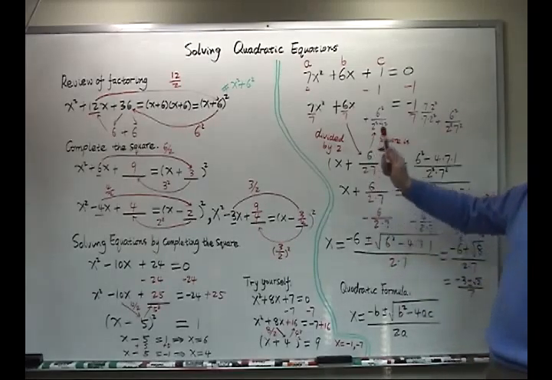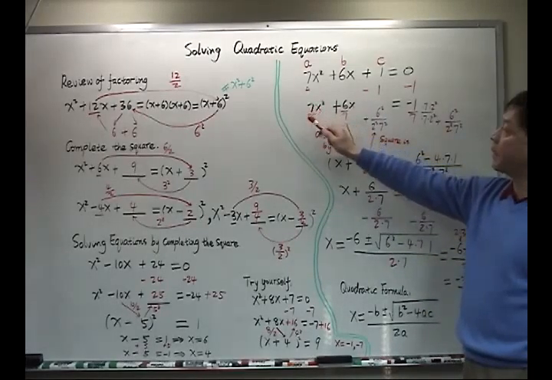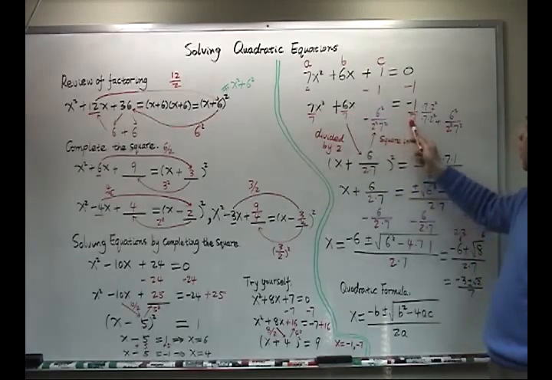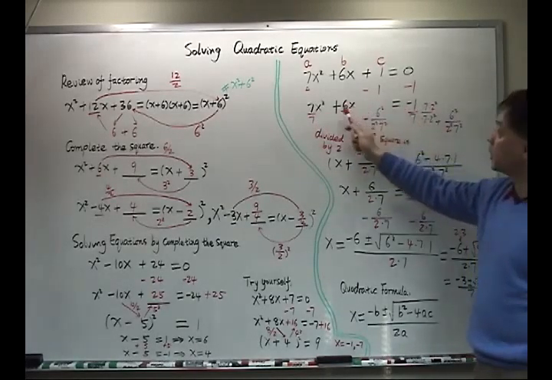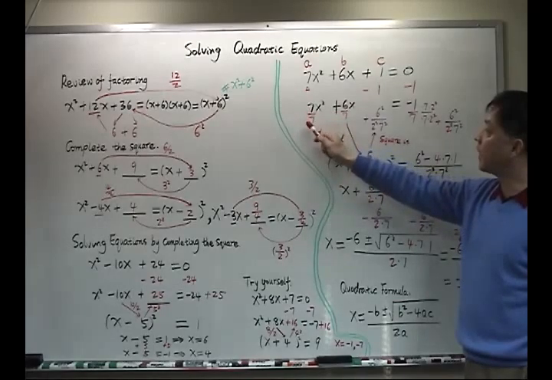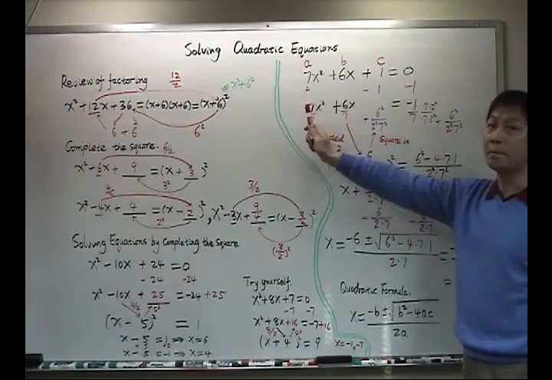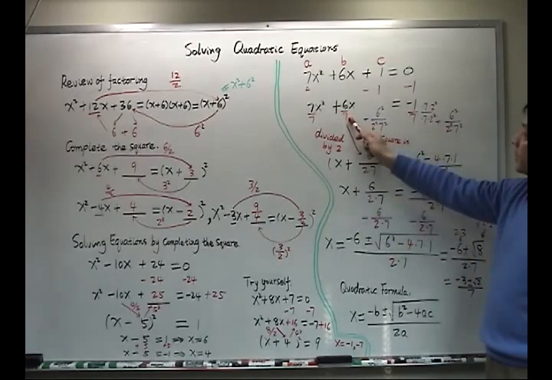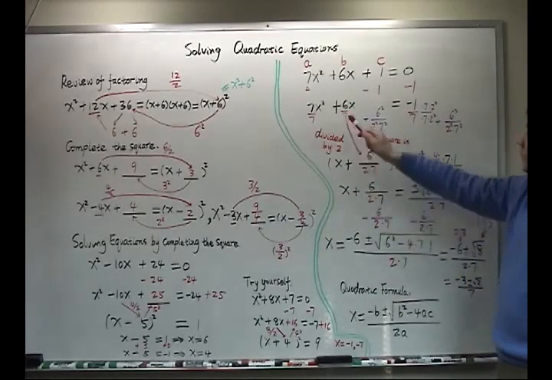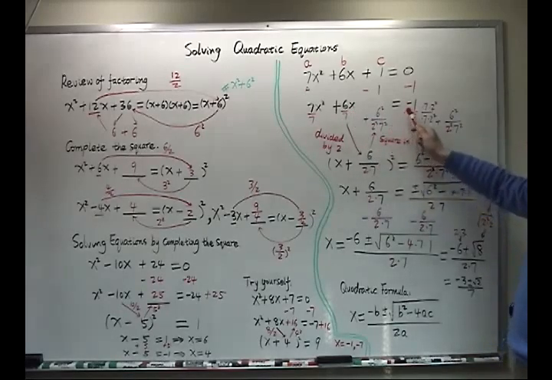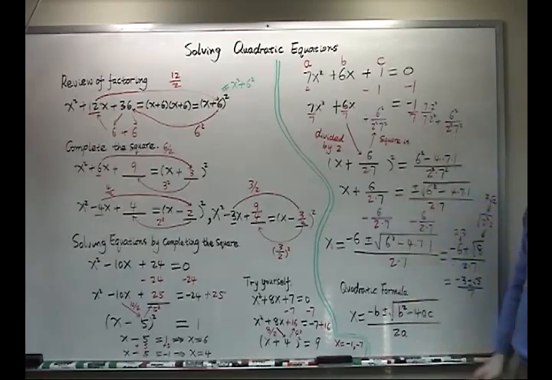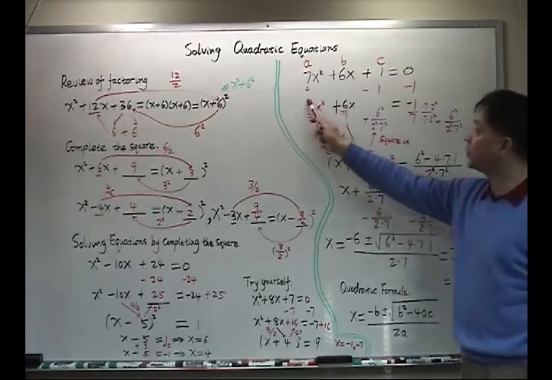So we can make this 1 by dividing all of the terms by the coefficient 7. 7 divided by 7, then we got 1. And 6 divided by 7, that's 6 over 7. Negative 1 divided by 7 is negative 1/7. Okay. Now we have the coefficient is 1.